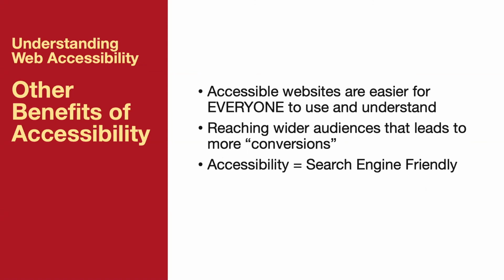But there are other benefits of accessibility. Accessible websites are easier for everyone to use and understand. We can reach a wider audience when we use best practices, which leads to more conversions or business goals being met.